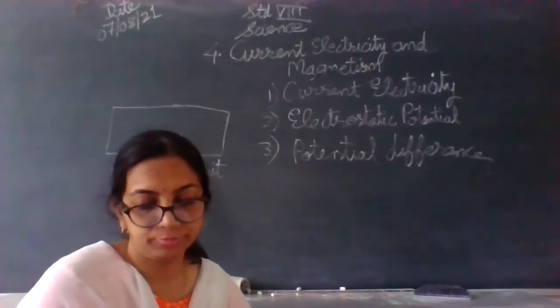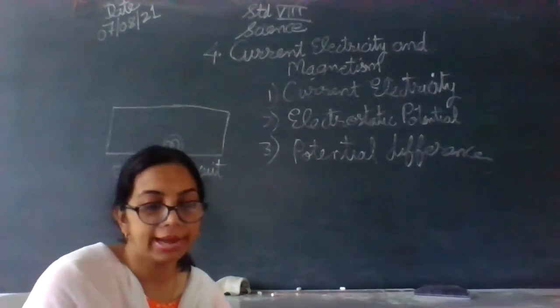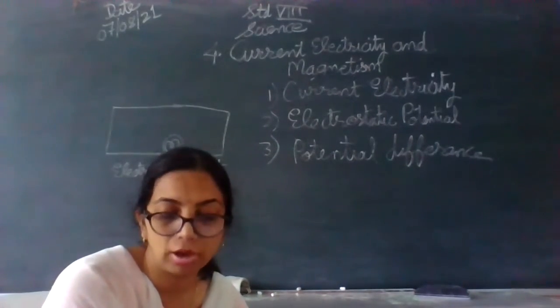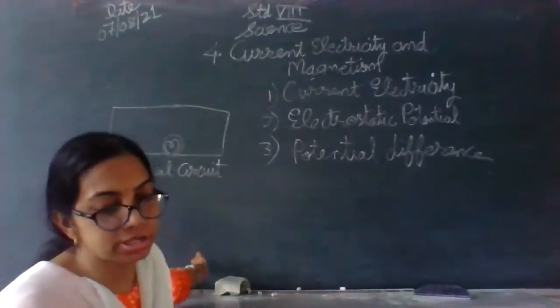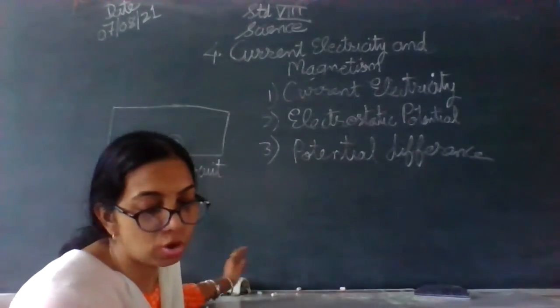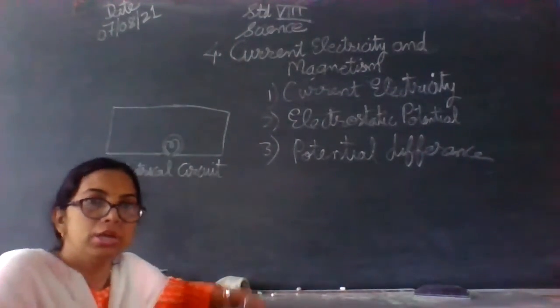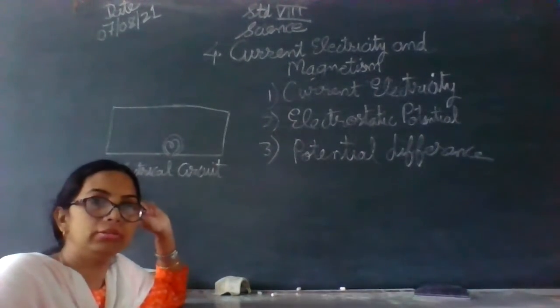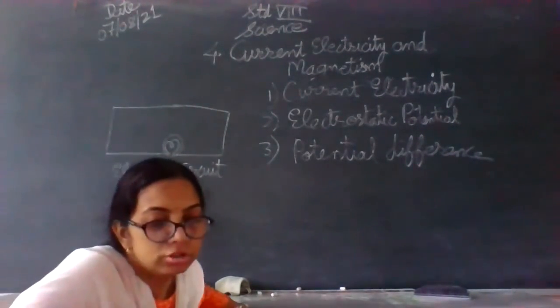Now we can take an example, like take a connecting copper wire and connect the circuit like this. You can make up a circuit of your own at home also, and no current is seen to flow to the bulb. Can you see any current flowing in this circuit? Obviously not. Okay.